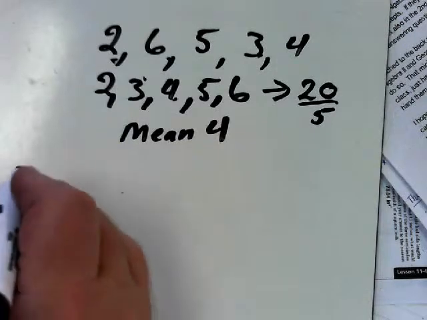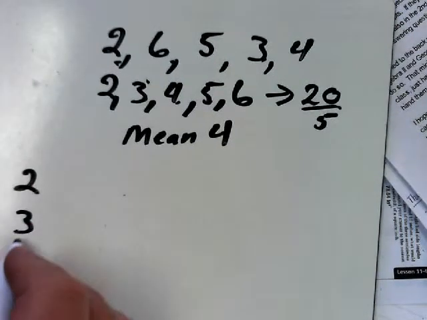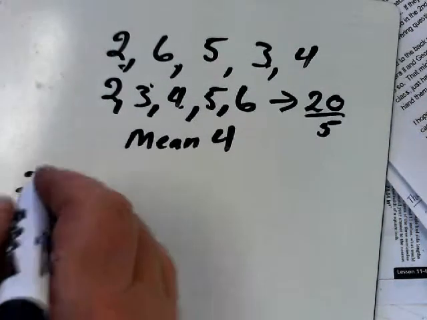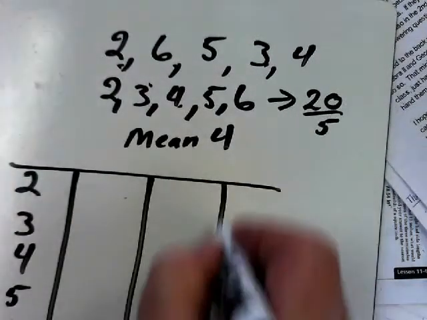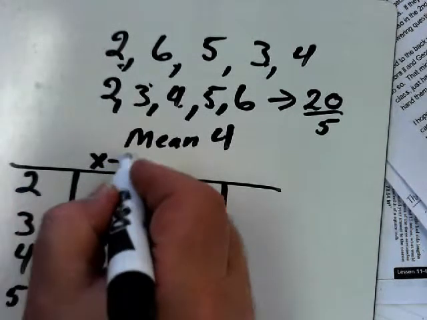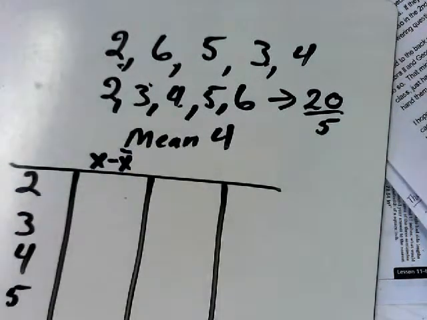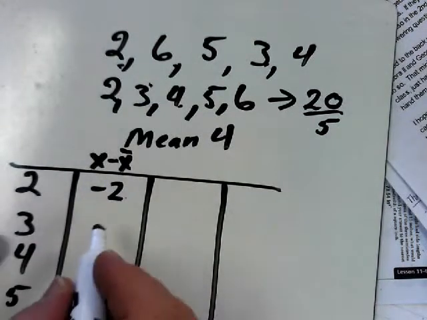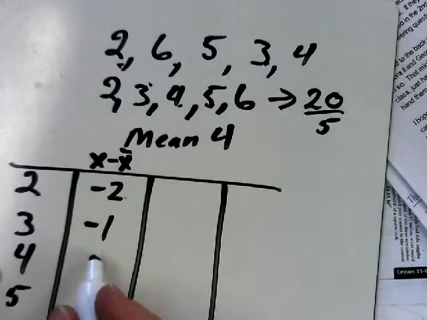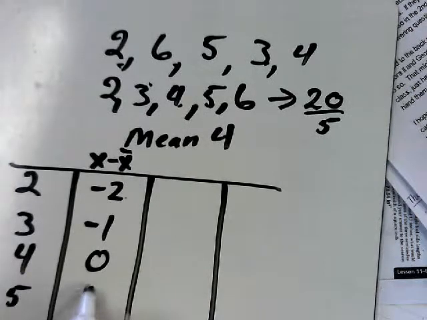That means I'm going to list them down this way. Over here we have x minus the mean. So I'd have a negative 2, negative 1, 0, 1, and 2.